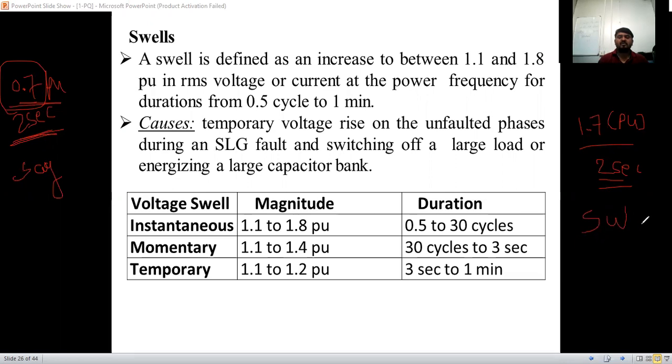These types of faults are temporary, momentary, or instantaneous. Here I have told 3 categories: instantaneous, momentary, and temporary. A student says both are instantaneous.